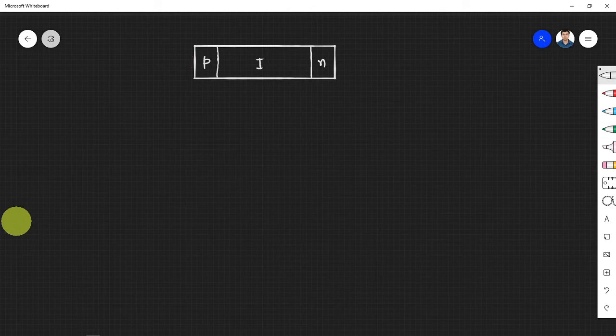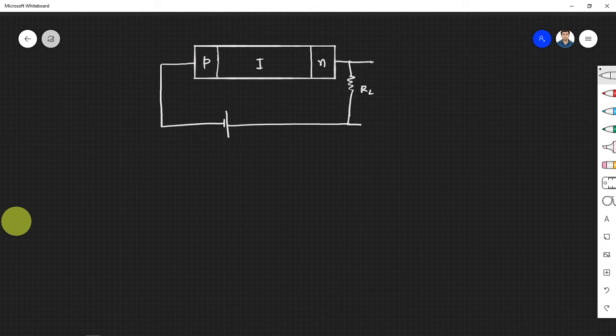Now let's bias the same way and see how this will help us to capture more photons. Again, reverse bias. Okay, let's put a load here. So this is our RL, and we'll measure the voltage here.